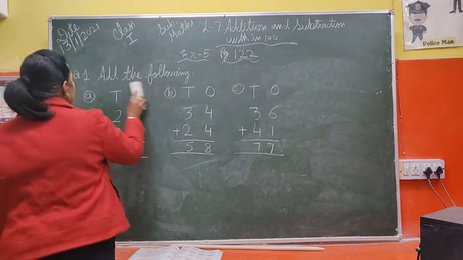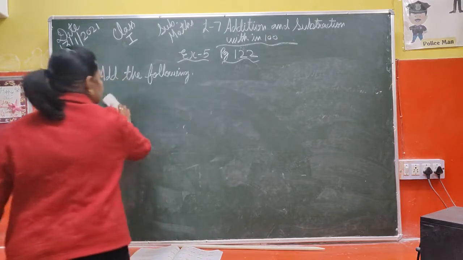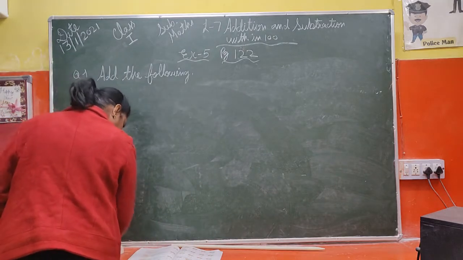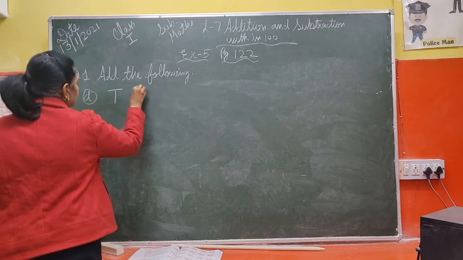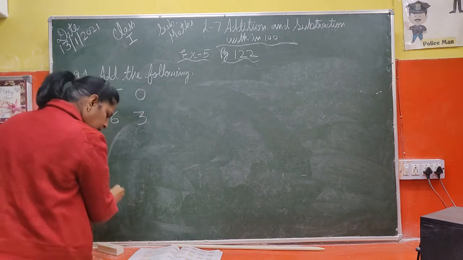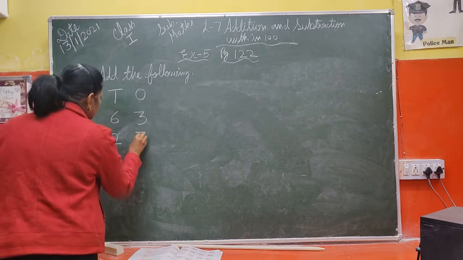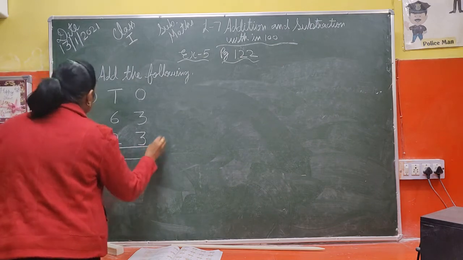Okay. Now next is D, tens, ones, 63 and 23. Okay.